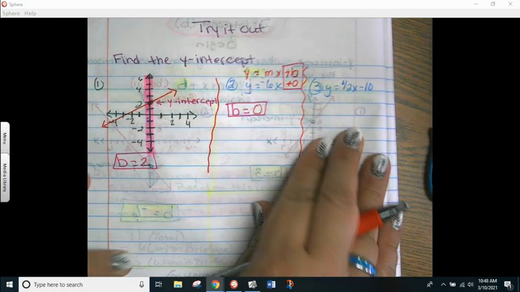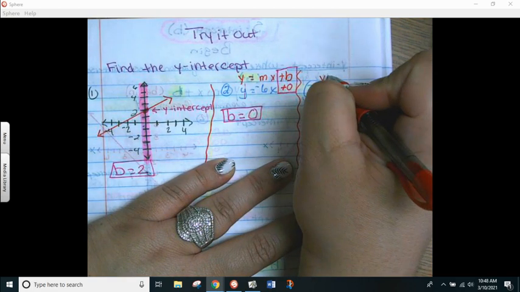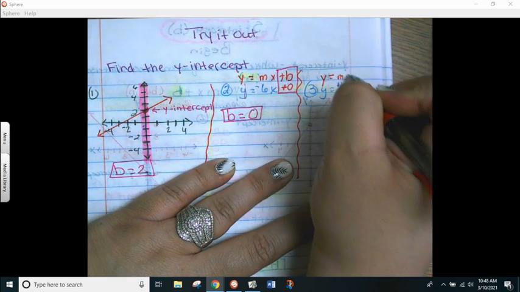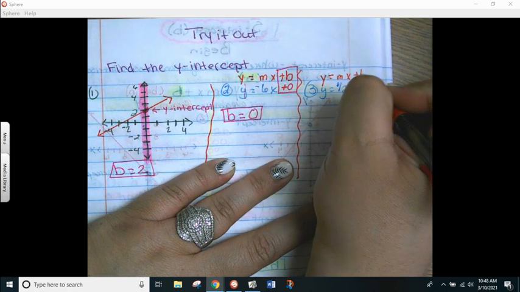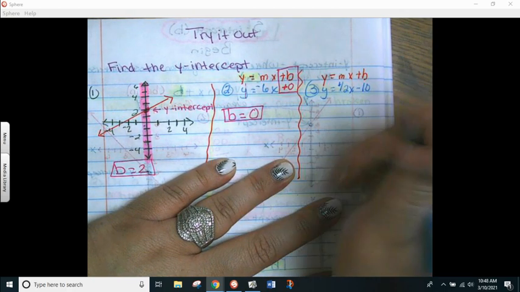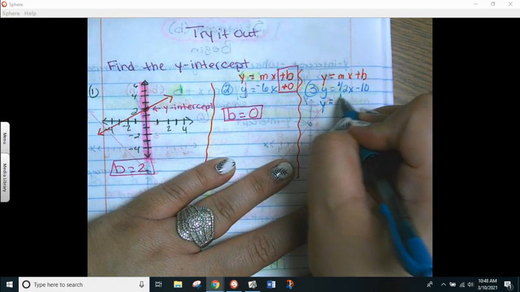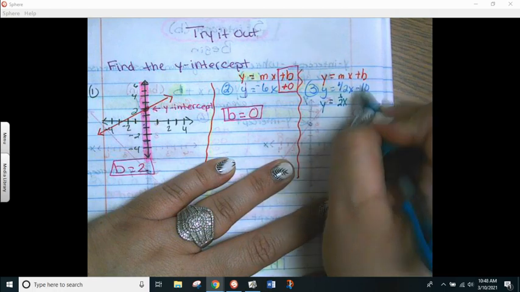Alrighty then. Last one. Let me put the equation y equals mx plus b. I notice it's different, so I'm going to have to change it. So the y's are good. The m is good. X is good.